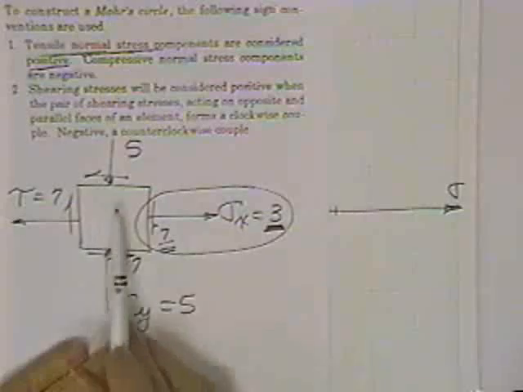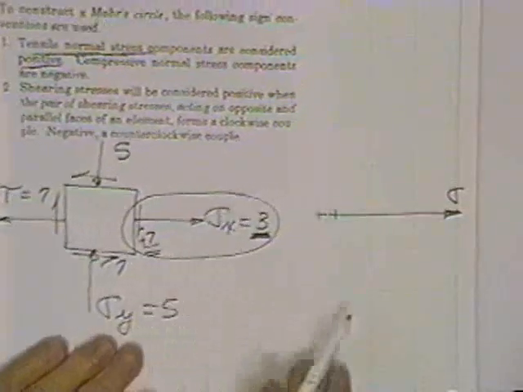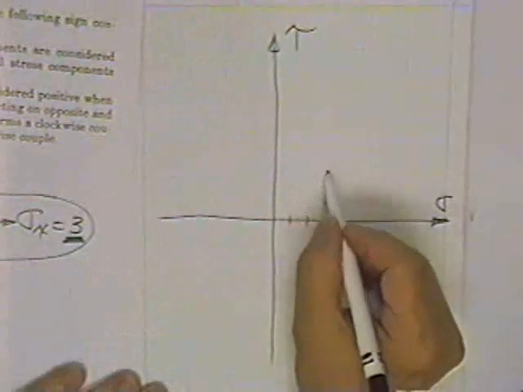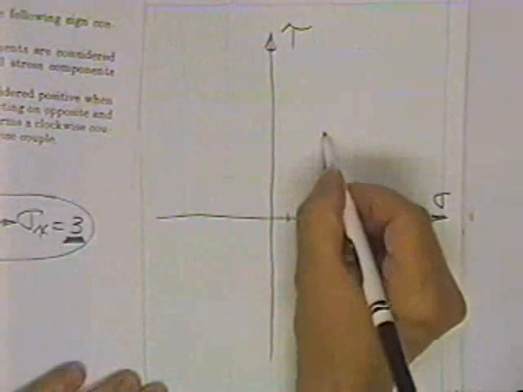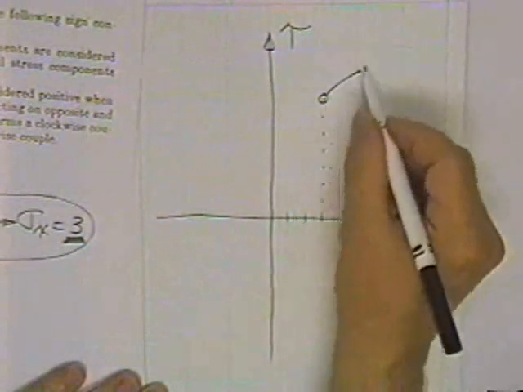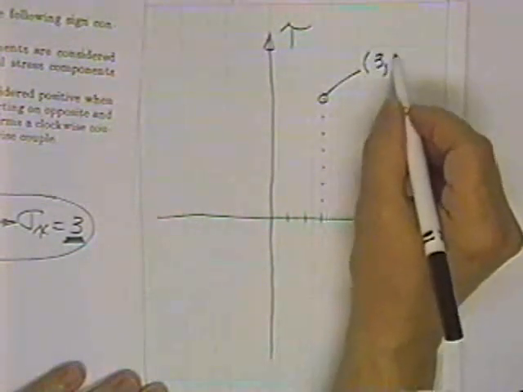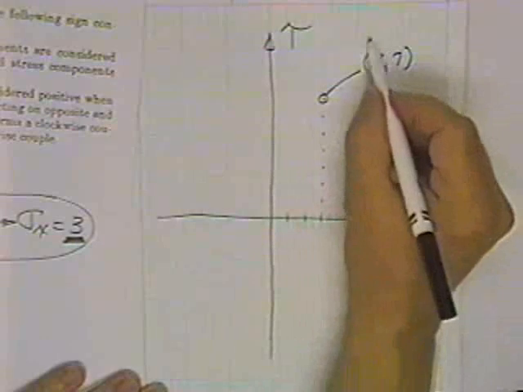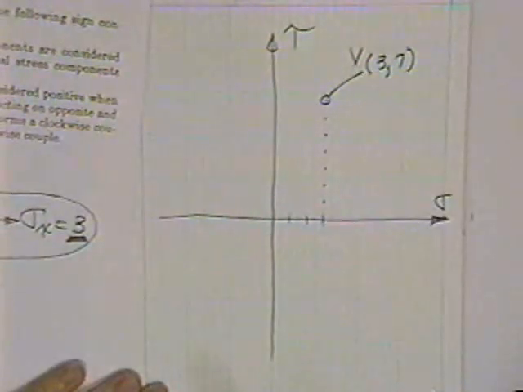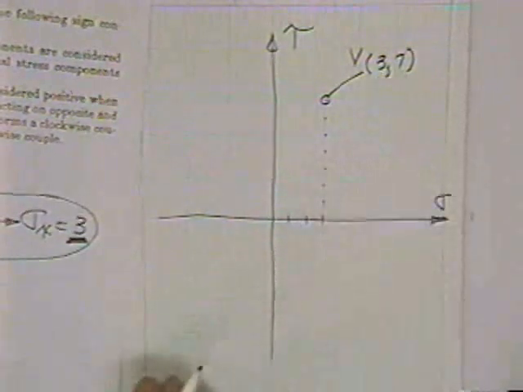This guy right here is clockwise, and therefore he is positive to be plotted. And so I go 1, 2, 3, 4, 5, 6, 7. That represents the stress on the vertical face. The vertical face stress has been plotted. It's got a sigma positive 3 and a tau positive 7.